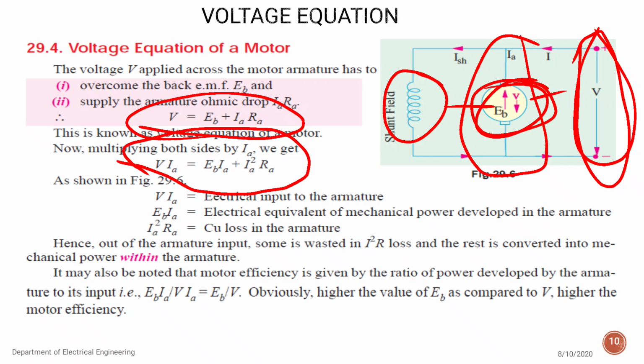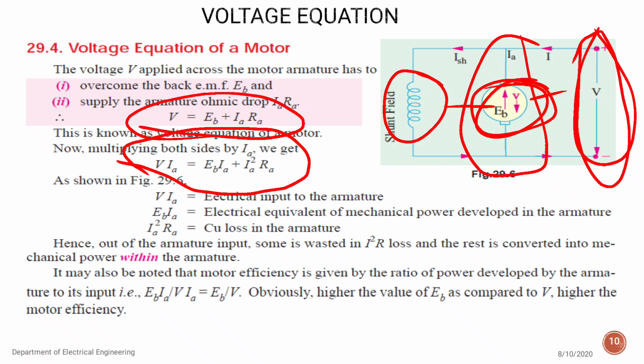Voltage into current is nothing but power. So V into Ia is the electrical power input to the armature circuit. Then EBIa means the back EMF multiplied by Ia, which is nothing but the mechanical power developed in the armature circuit.